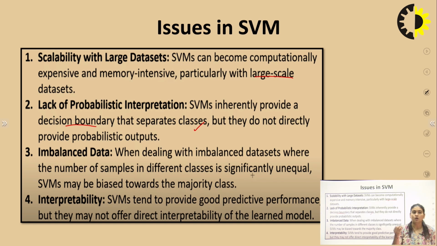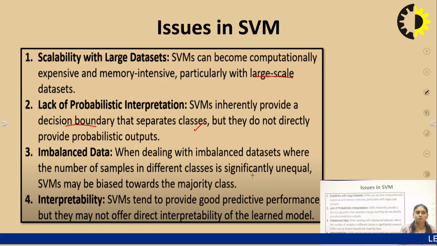Suppose I have 1000 samples with true as the target and only 100 with false. You can say this is imbalanced data, and SVM may show bias with such data. Then interpretability: SVM tends to provide good predictive performance, but may not offer direct interpretability.